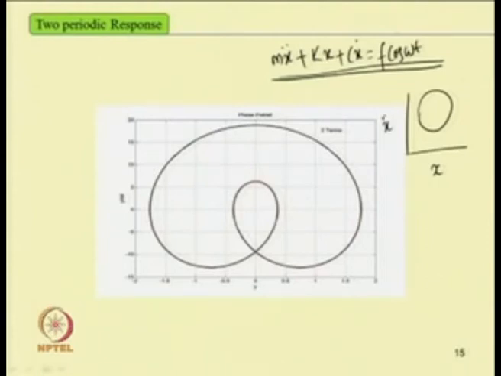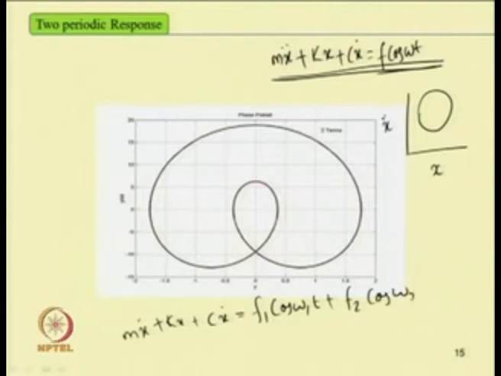Now, instead of taking f cos omega t, let us take two frequencies: m x double dot plus c x dot plus k x equal to f 1 cos omega 1 t plus f 2 cos omega 2 t.